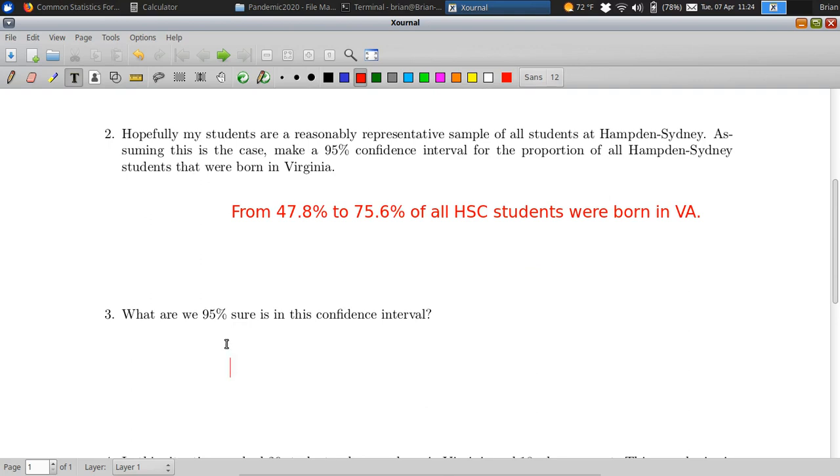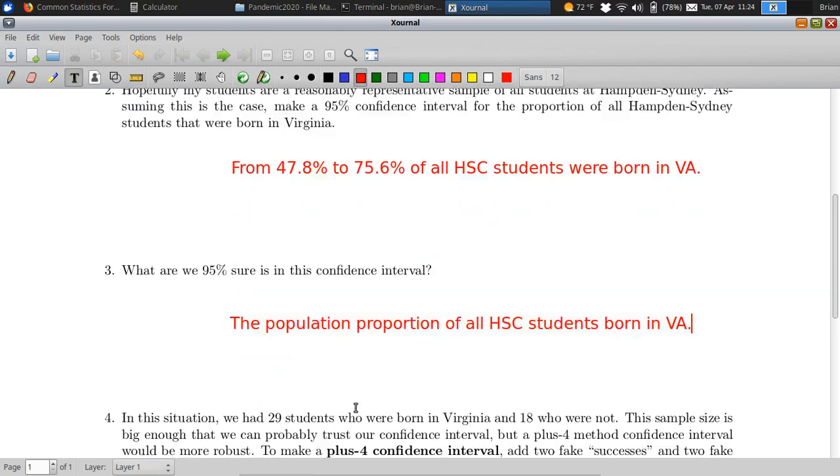So 95% sure that the population proportion of all HSE students born in Virginia is what I'm sure is in the confidence interval. We usually just use a letter P for this. So we have P hat when it's the sample, and P without a hat when it's the population.